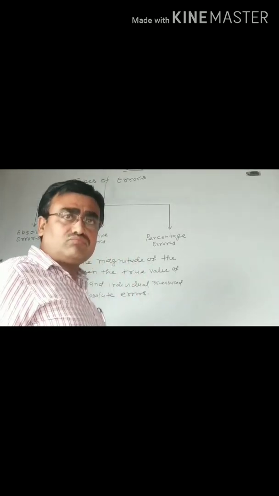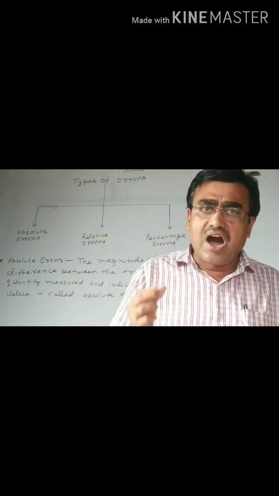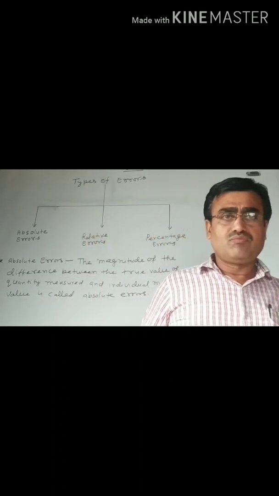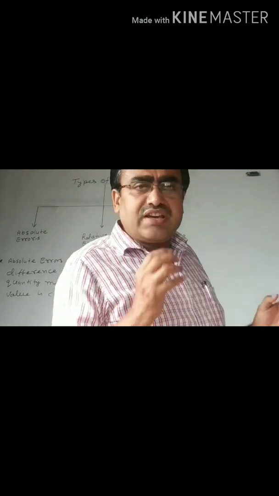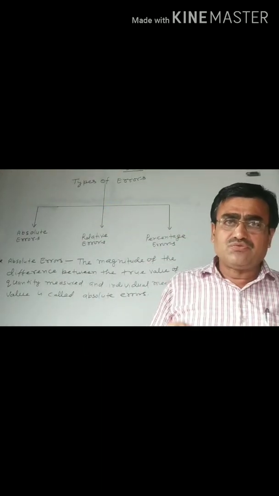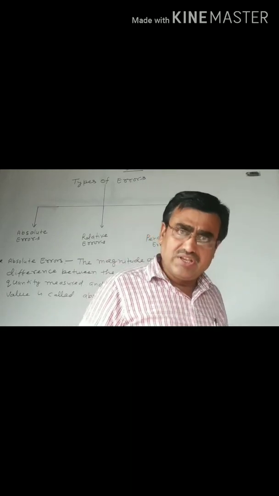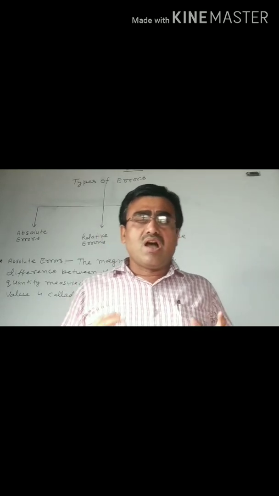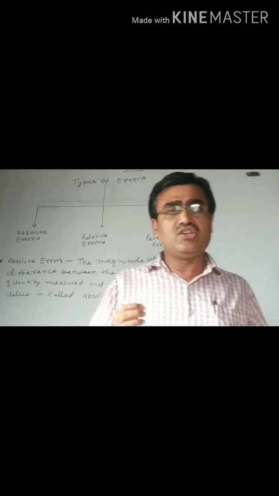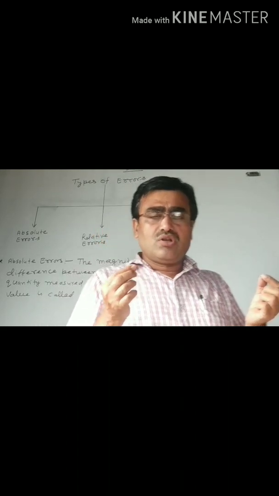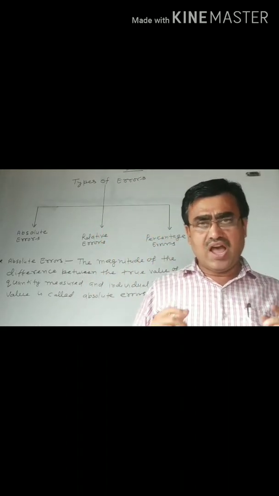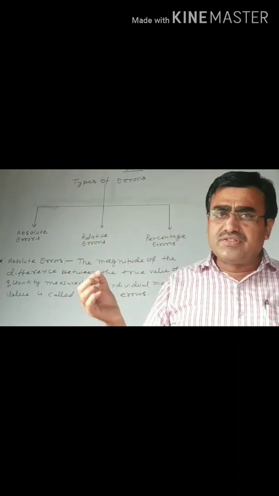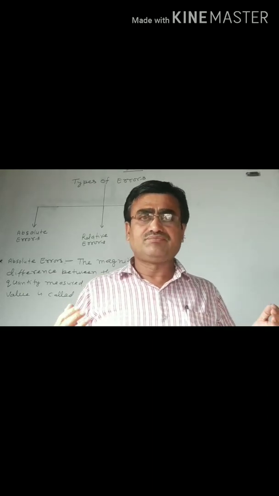Here a question arises: how do we find absolute errors? We can explain it with an example. Okay? Suppose I give you a rod and tell all of you to measure the length of the rod individually.